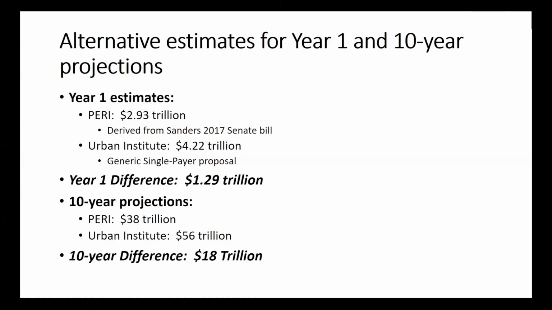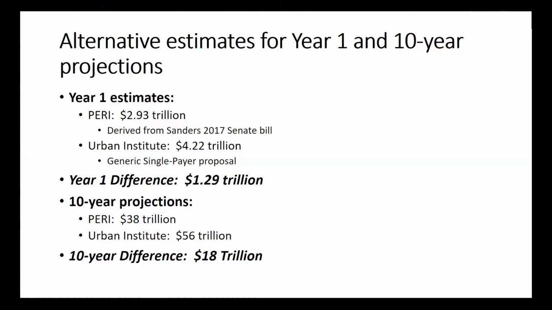So our estimate was $2.93 trillion. Urban Institute's, and it wasn't based on Sanders, it was more like a generic Medicare-for-All program, but not all that different in terms of its coverage, was $4.22 trillion. So theirs is basically a 50% jump over ours. And if you remember Senator Everett Dirksen's line when he talked about government policy and budgeting, he said, well, a billion here, a billion there, what's the difference?